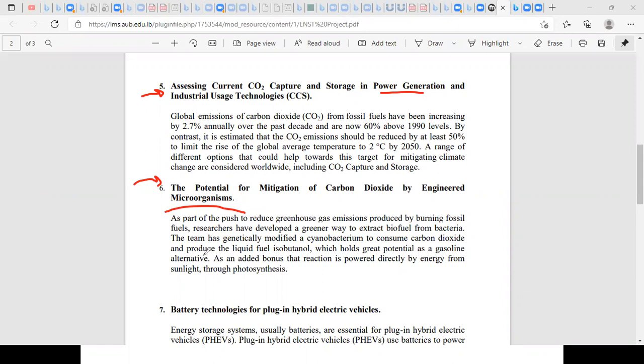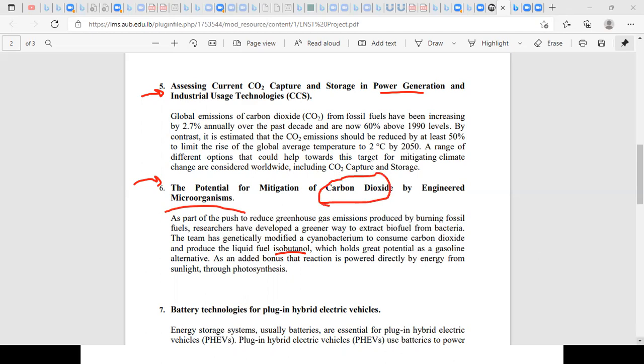So the idea will be to genetically modify a bacteria in order to consume carbon dioxide and produce a liquid fuel which can hold great potential as a gasoline alternative. In this way, you can also reduce the level of CO2 while producing energy.